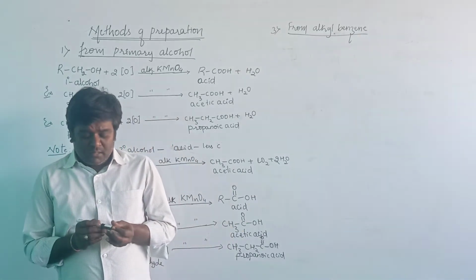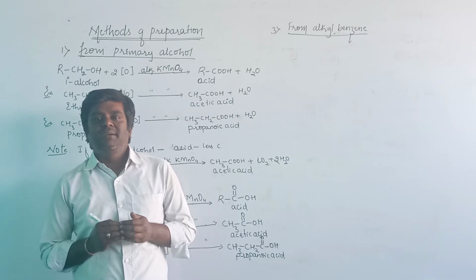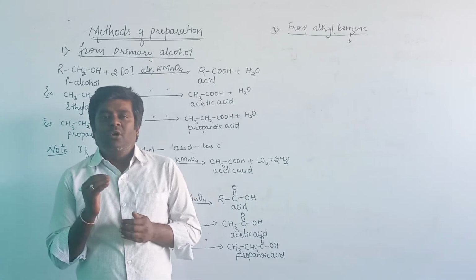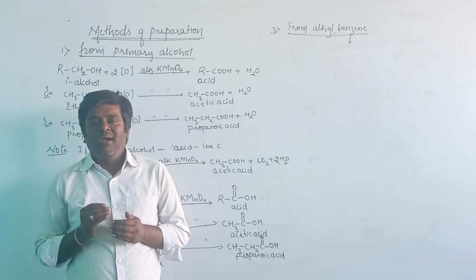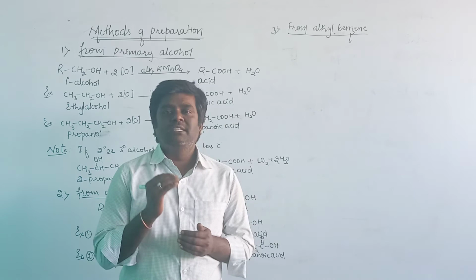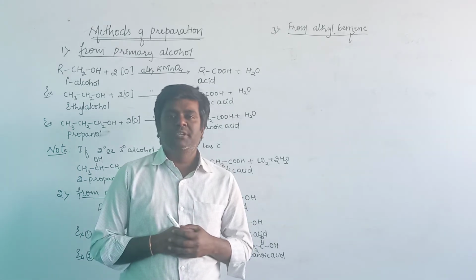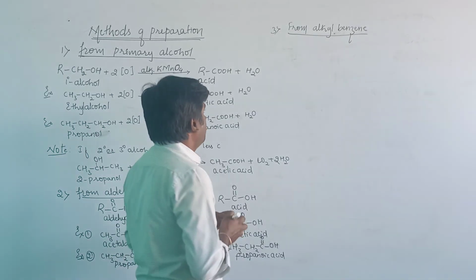When alkyl benzene undergoes oxidation by treating with a strong solution of KOH, it will give the salt of the acid, which on further acidification will give the carboxylic acid. Then let us see the reaction here.